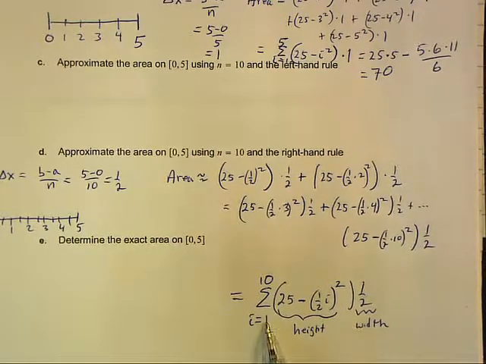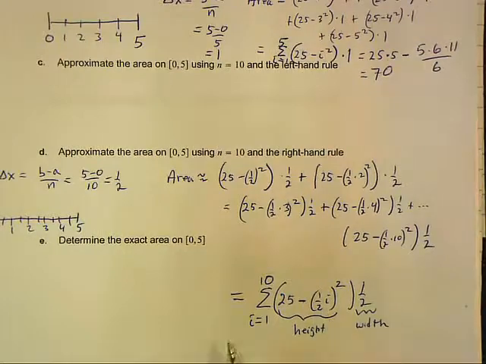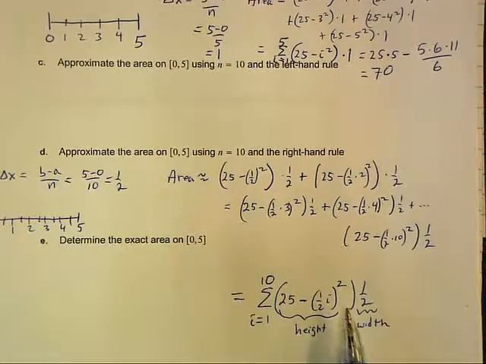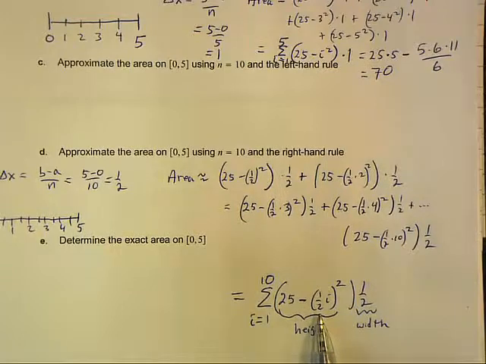For our third rectangle, we needed 3 times a half. For our fourth rectangle, 4 times a half. So on and so forth. That's because i increments in an interval of 1. And this 1/2 was something very important in this problem. What was 1/2? It was the delta x. It was the width of each rectangle.